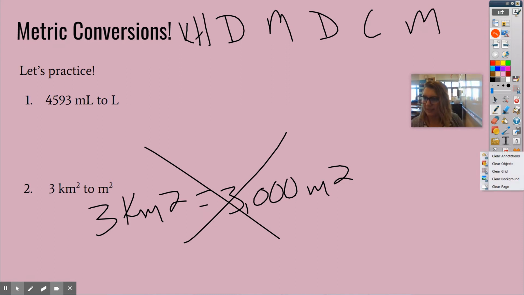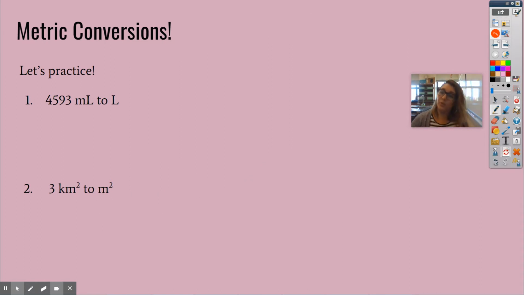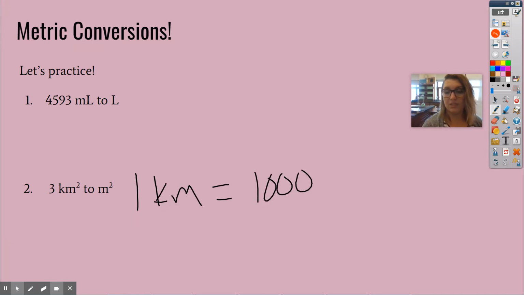I'm going to erase again. All right, so we know that 1 kilometer equals 1,000 meters. We know that from My Cat Donna Marie Doesn't Have Kittens. So what we need to do is square both sides.